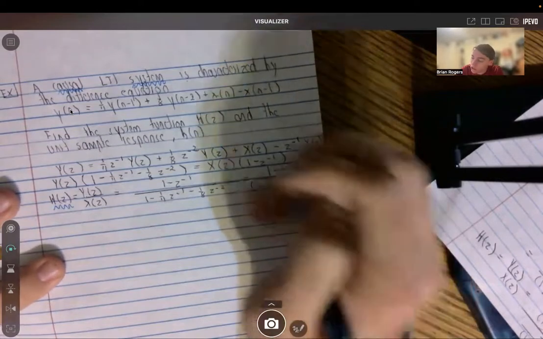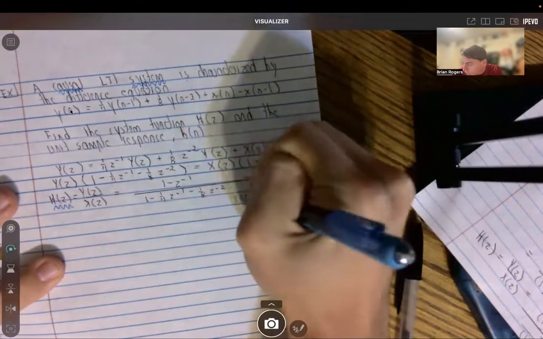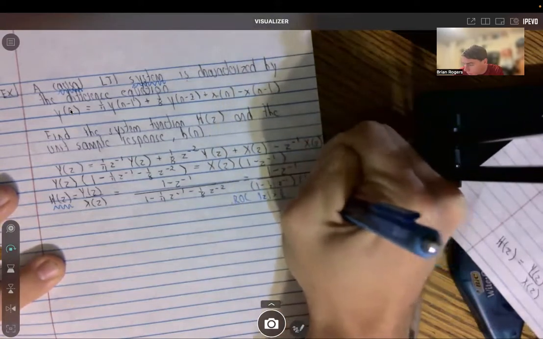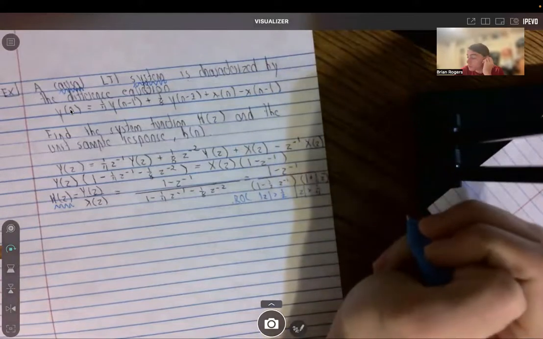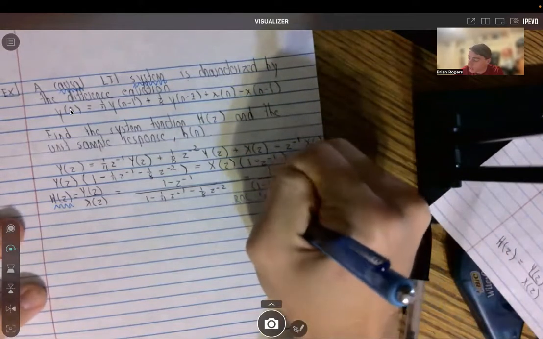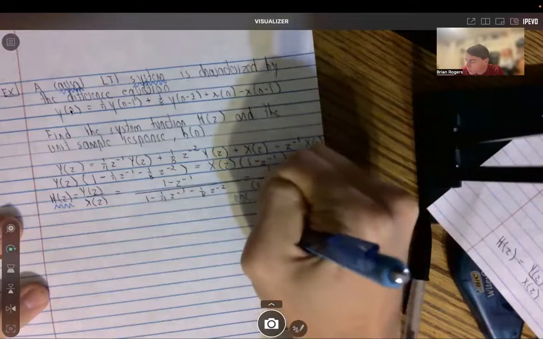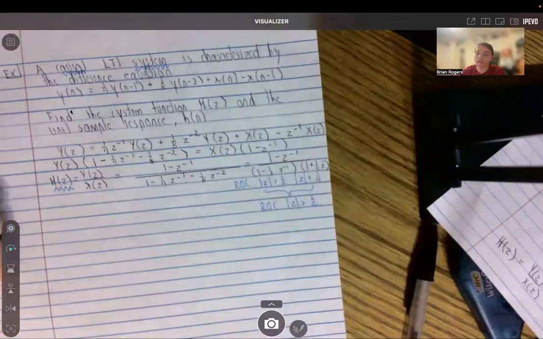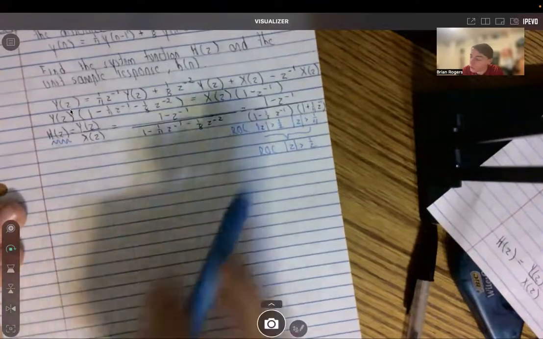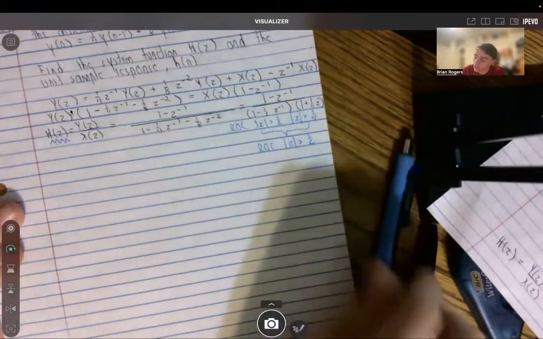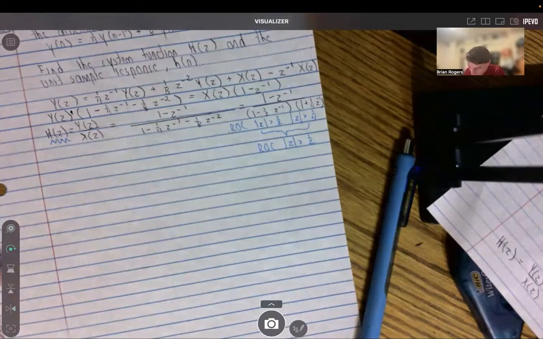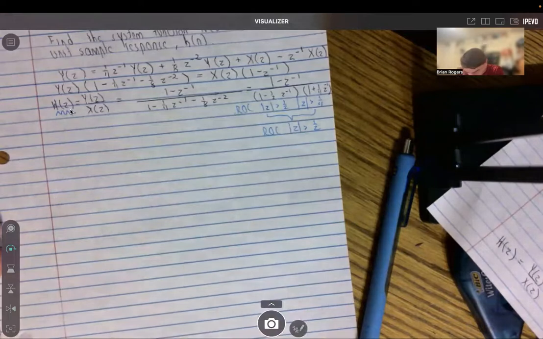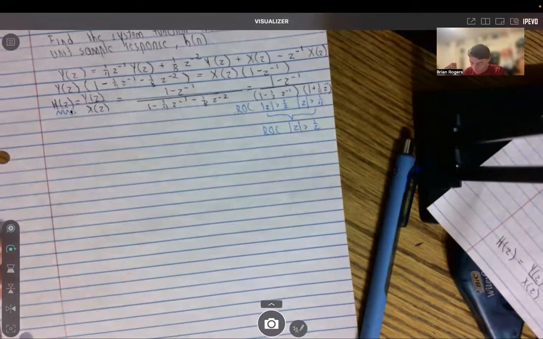Our region of convergence would be either Z is greater than 1/2 and Z is greater than 1/4. Combining these two conditions, the area of overlap for the region of convergence would be Z is greater than 1/2. That's what we specified from before in the previous example, how we got those. Now that we found the area of shared overlap, we have the final region of convergence for our H of Z.